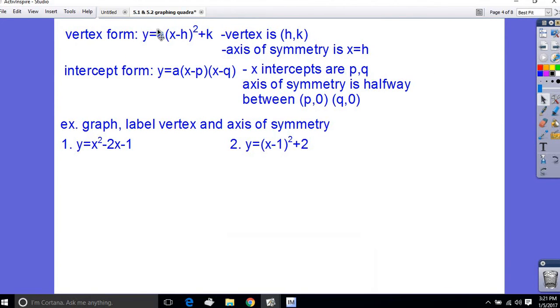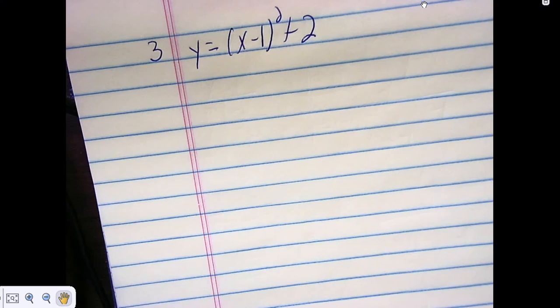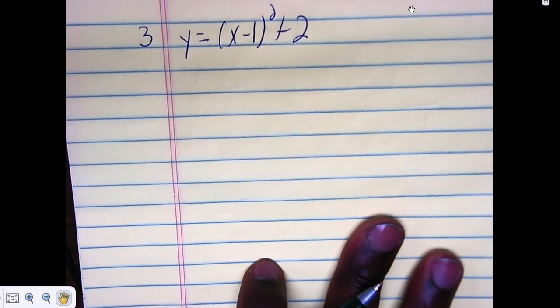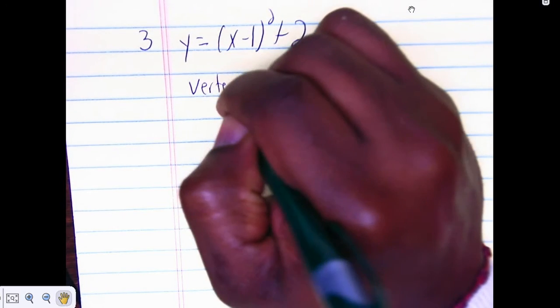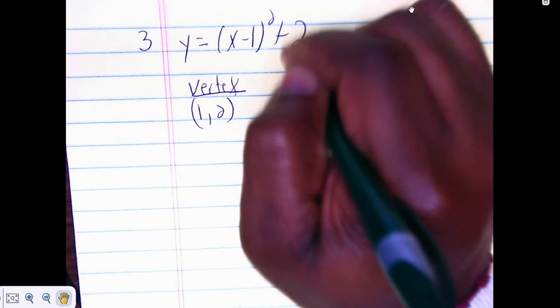So I just want you to know that that's vertex form. It's sitting right here. The axis of symmetry is x equals h. It's already telling you some things right there. Let's go ahead and work it, though. So our vertex, we already found, just talked about it. Our vertex is 1, comma 2. You don't change that sign. It stays the same.